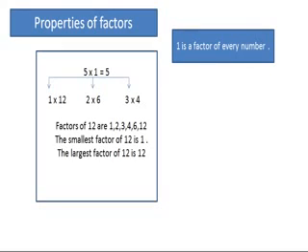So these are factors of 12, and the smallest factor obviously is 1 and the largest factor is 12. So 1 is a factor of every number, and the number itself is the largest factor of that number.